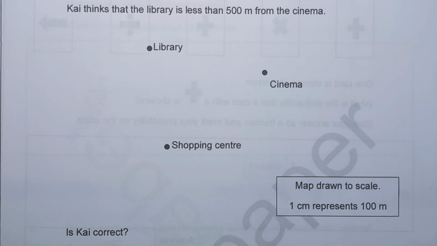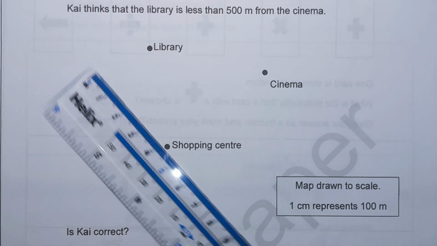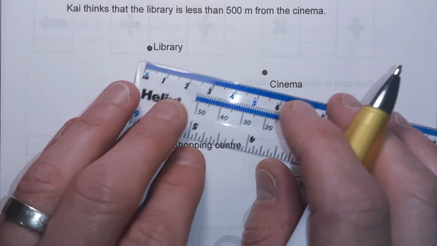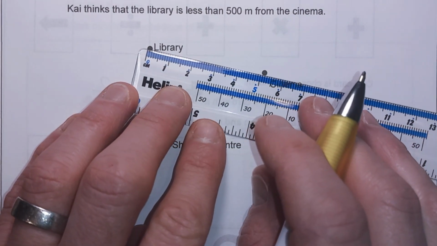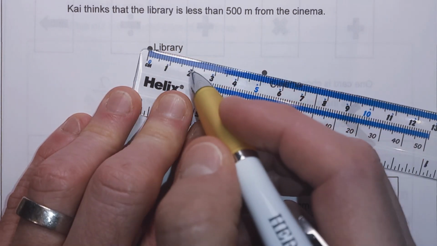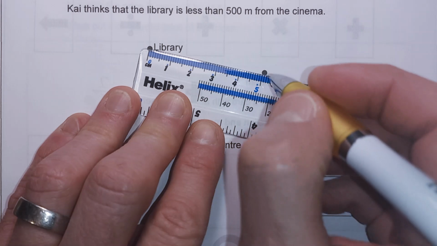So if it's just scale, what we want to do here is to get our ruler. And we're talking about the library and the cinema. Well, the library to the cinema, we've got 1, 2, 3, 4, 5 centimetres.